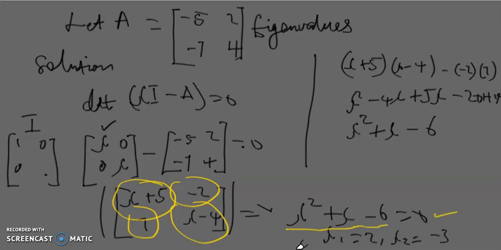Solving this equation, we get lambda 1 equal to 2 and lambda 2 equal to negative 3.